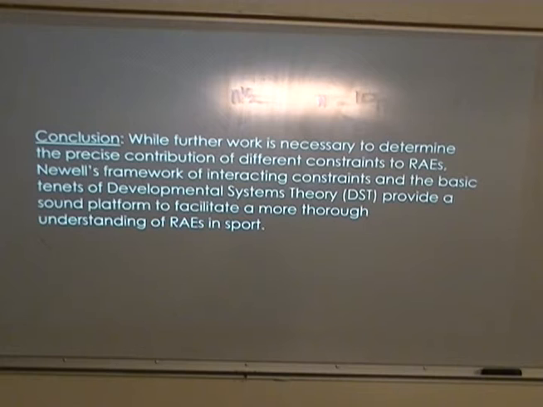What was proposed is utilizing Newell's framework of interacting constraints and the basic tenets of developmental systems theory to provide that platform to get more of an understanding of AREs in sport. What was developed was similar to what we've seen in the last diagram. Can you turn to the next slide?